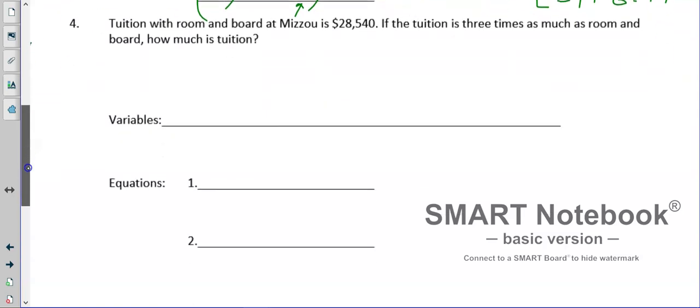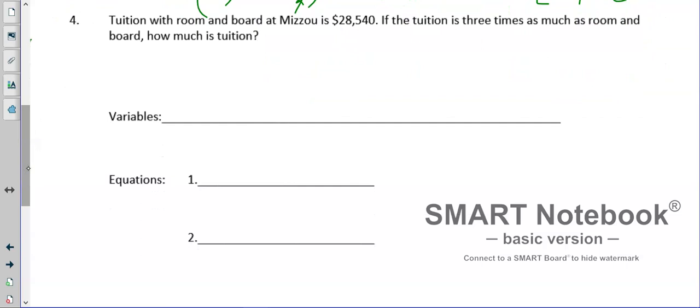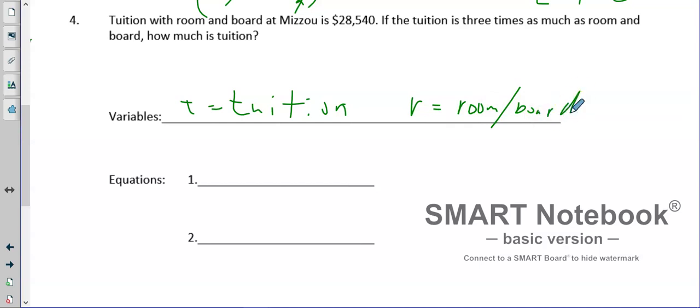And last one, number 4. Tuition with room and board at Mizzou is $28,540. If tuition is 3 times room and board, how much is tuition? So I'm just going to use T for tuition. And you could use R or B for room and board. So we'll go with R for room and board. This one's a little bit easier.